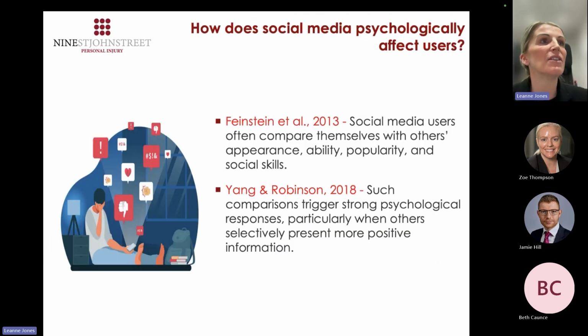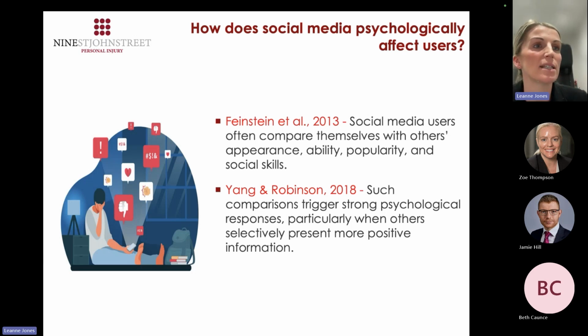So these are some quotes taken from a study done in Singapore into the effects of Instagram use, social comparison and self-esteem on social anxiety.